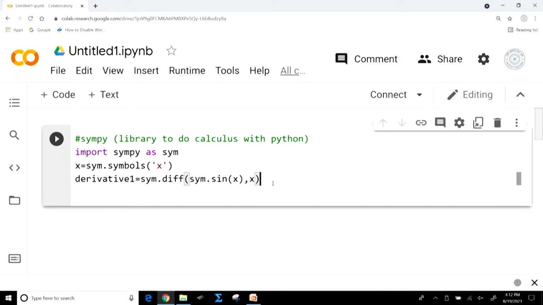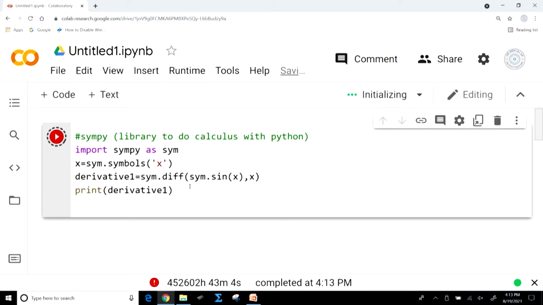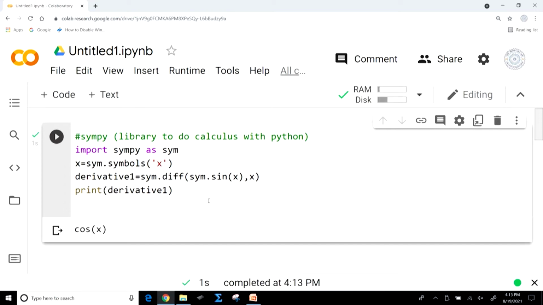Then we print derivative1 and run it. So, its derivative is cos x.